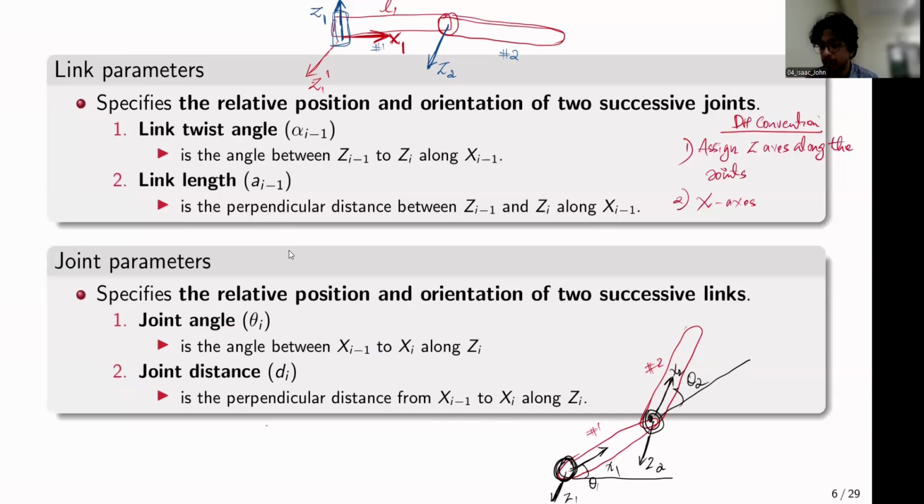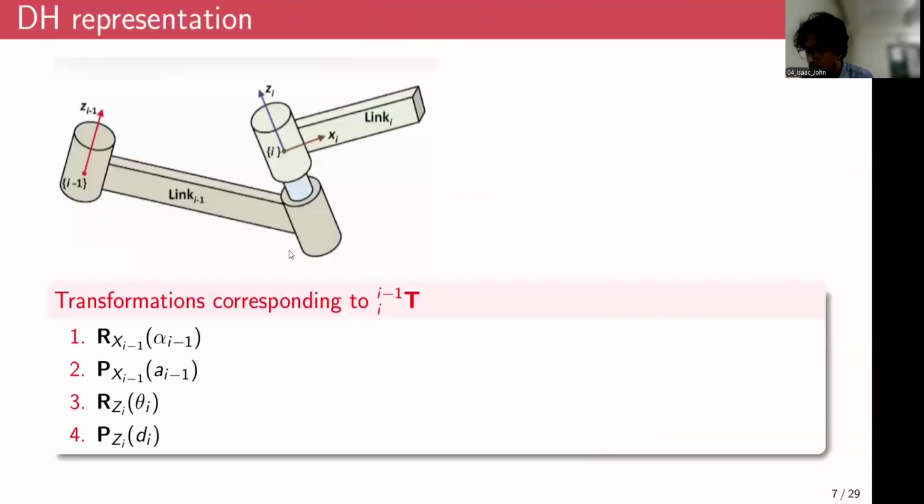And out of the 4 parameters, 2 of them are called link parameters, and the remaining 2 are called joint parameters. So moving on, we'll see how to assign frames on two links, and how we can use these 4 parameters to convey the relative position and orientation between two links.